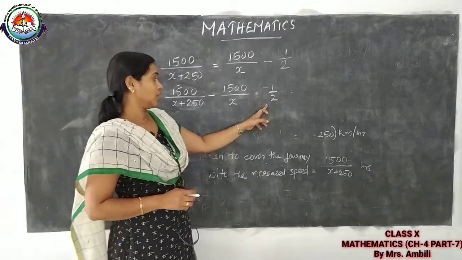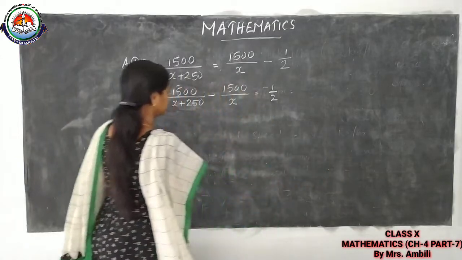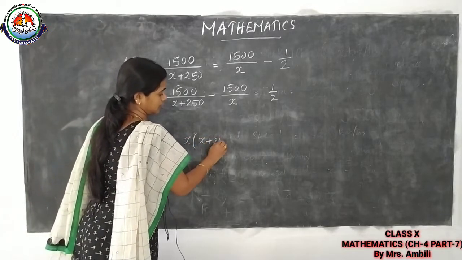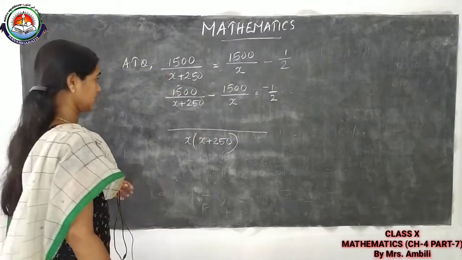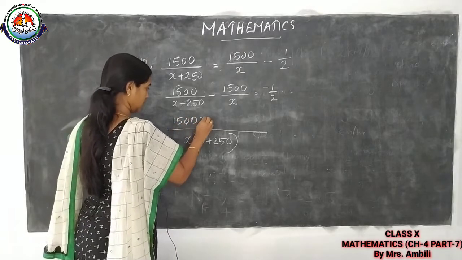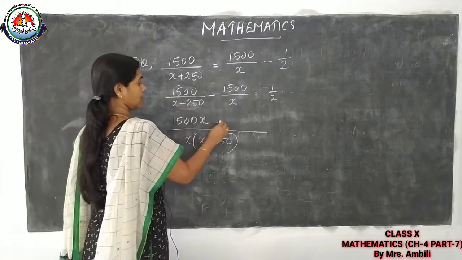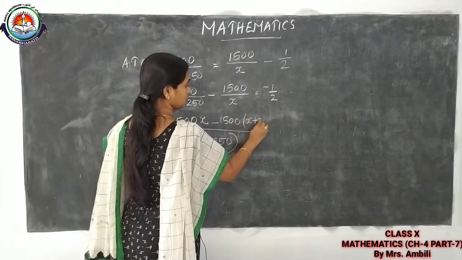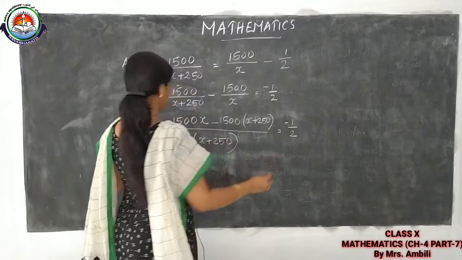Clear? Okay. Then what is our next step? We can take the LCM x into x plus 250. So, what we will get here? 1500 into x, 1500x minus 1500 into x plus 250, equal to minus 1 by 2.